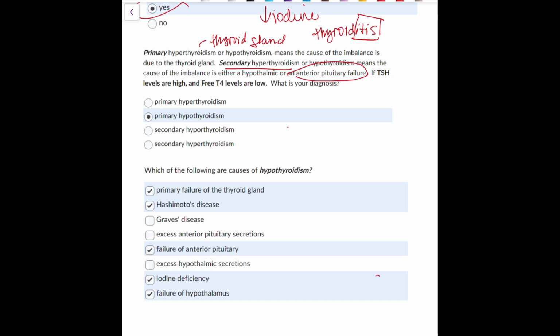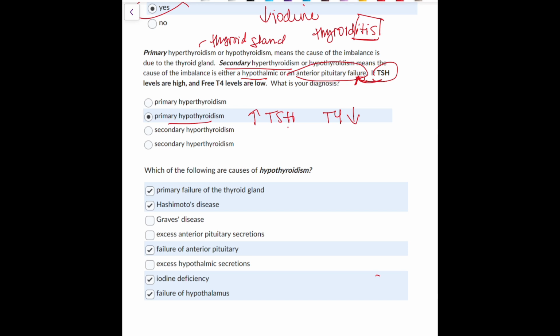And so that's the reason that TSH is being measured, to check on that pituitary gland, and also secondarily the hypothalamus, but we're not measuring thyrotropin releasing hormone. So in this case, for Heather's results, her TSH was high and her free T4 was low. And so she had primary hypothyroidism.